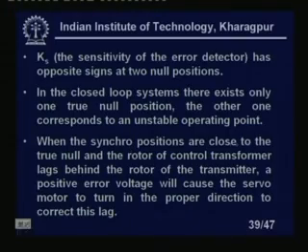When the synchro positions are close to the true null, the rotor of the control transformer lags behind the rotor of the transmitter, and a positive error voltage will cause the servo motor to turn in the proper direction to correct this lag. But if the synchro rotor is not in the true null position, then what will happen?